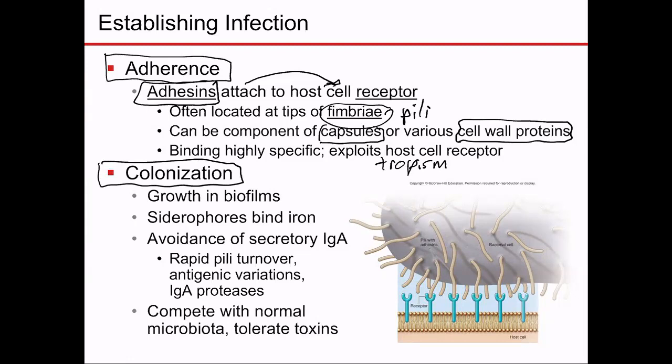They're going to make it impossible for that pathogen to survive in our body. However, there will be pathogens that will bring with them different mechanisms in order to evade this innate and adaptive response.